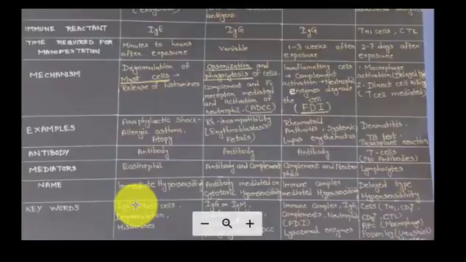Then the keywords, optional. In type 1, you can just remember the immunoglobulin is IgE. Mast cells are involved and they cause the degranulation which releases the histamine and causes the cell lysis. In type 2, IgG and IgM are involved.